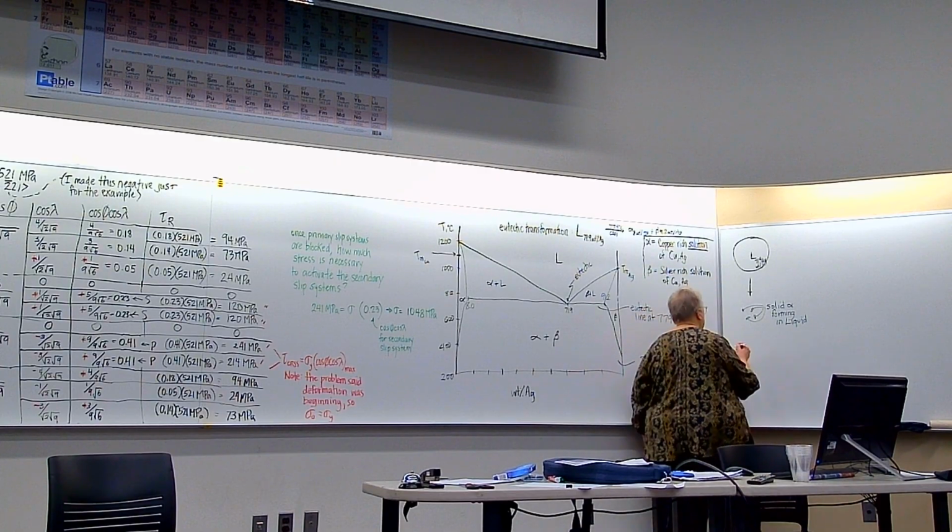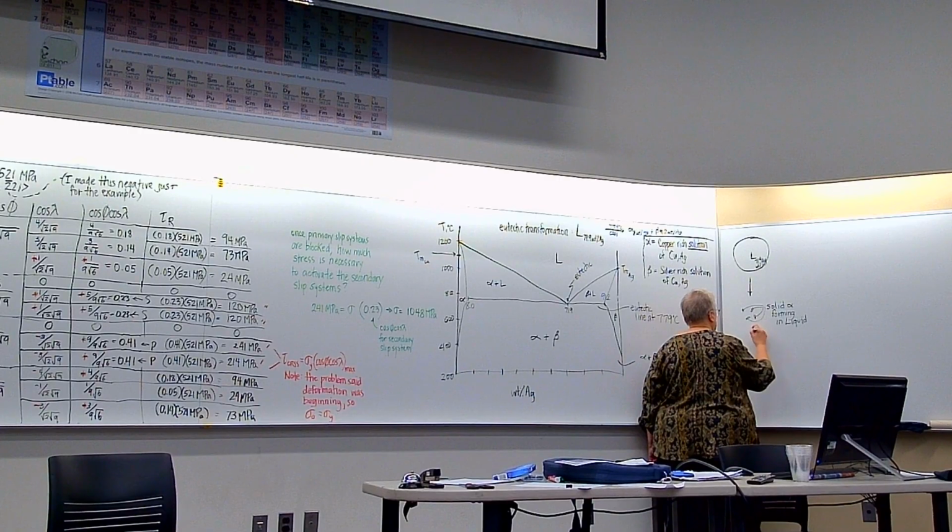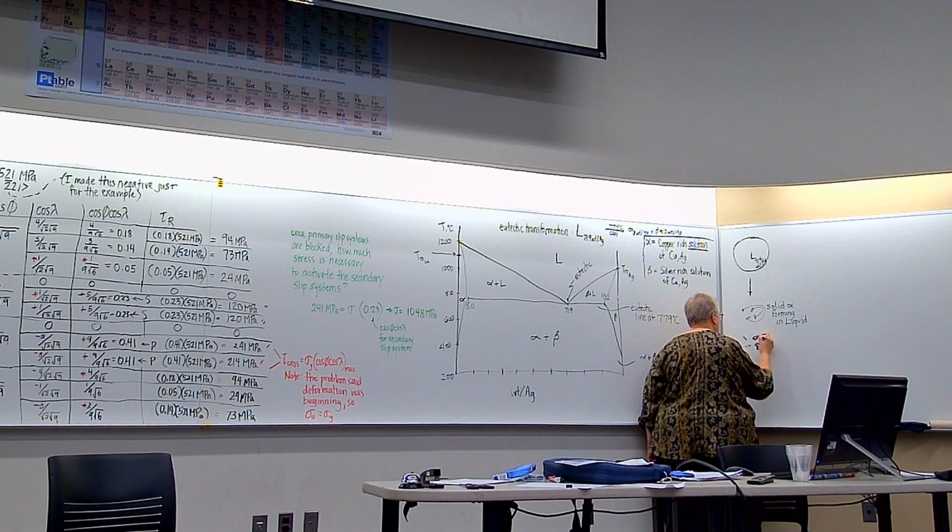And so with time, we've got these areas of alpha, and right next to them, I'm going to make beta be black. Beta's forming because the alpha is kicking out silver in order to form a solid.